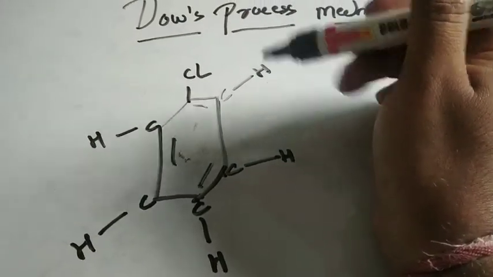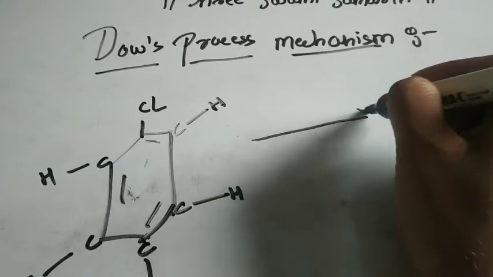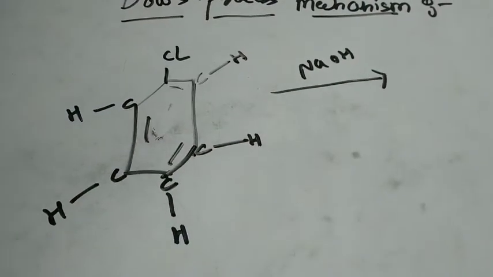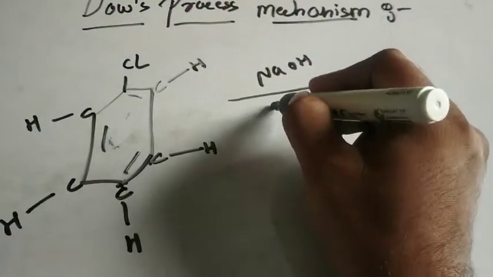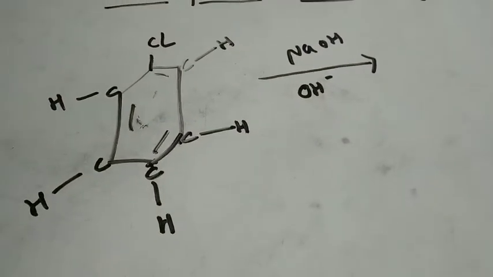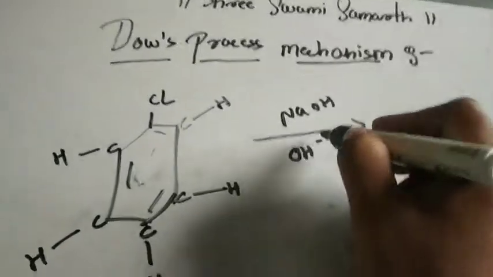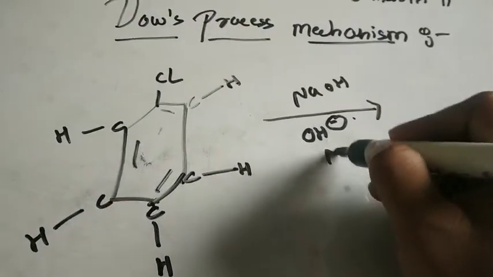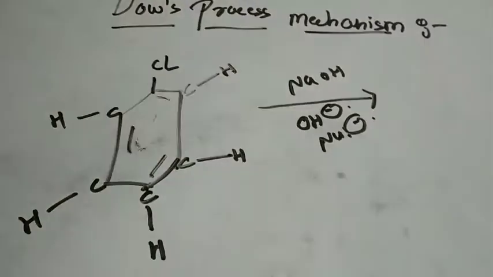So what happens here? This chlorobenzene reacts with NaOH, the alkali NaOH. So this OH minus, this is a negatively charged particle, it acts as the nucleophile, right? So what will happen?